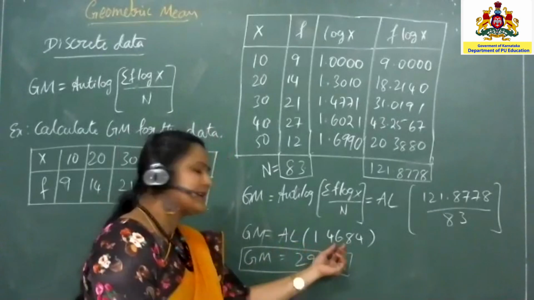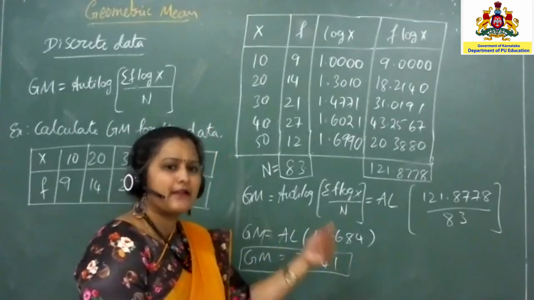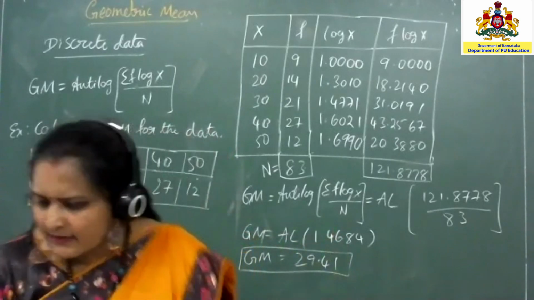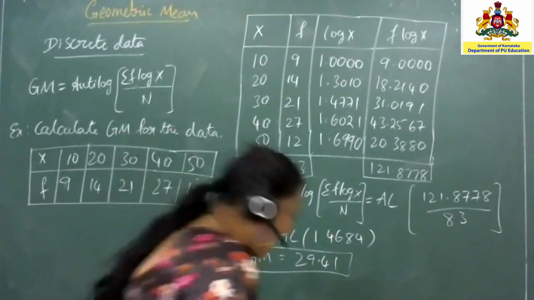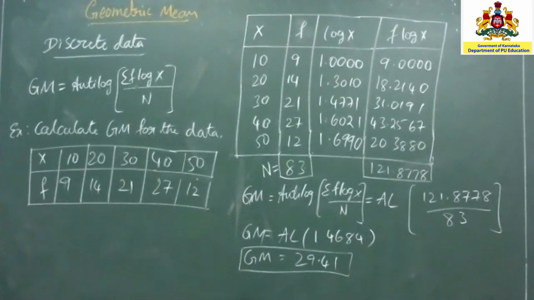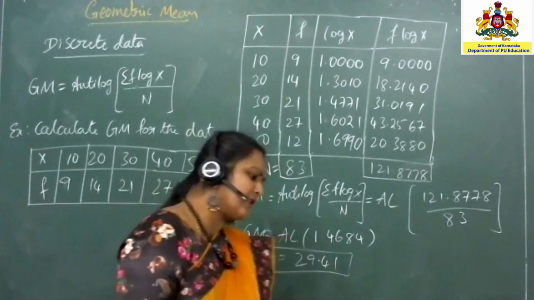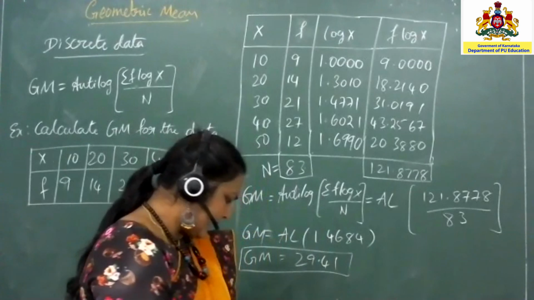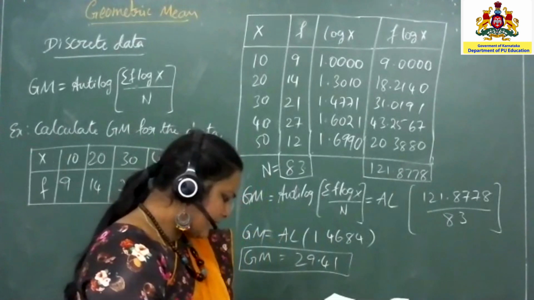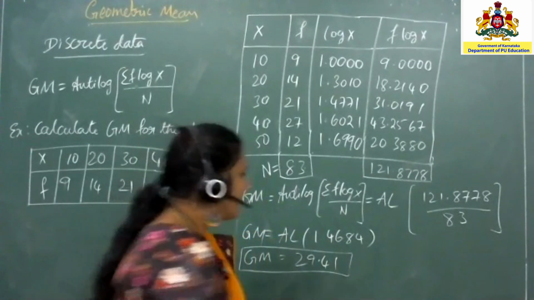Then you should check the value 46 under 8 in the antilogarithm table. 46 under 8, the value is 2938.